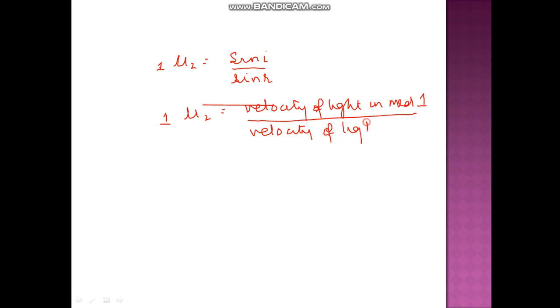So this implies that when we want to calculate refractive index, we can do so in terms of the measurement of angle of incidence and angle of refraction, as well as by knowing the velocity of light in the mediums in which the light is traveling.